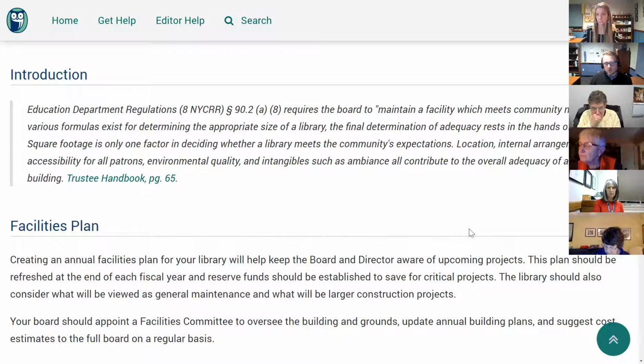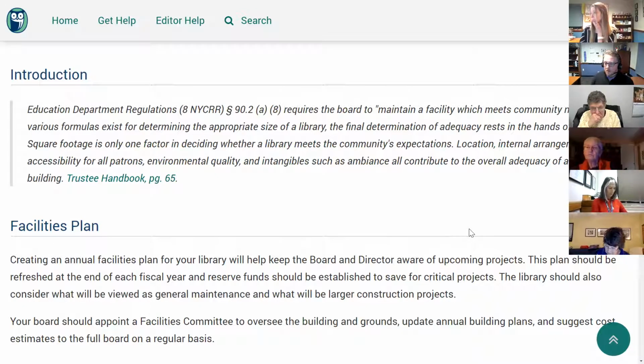But in this passage from the trustee handbook, which is on page 65, it says square footage is only one factor in deciding whether a library meets the community's expectations. Location, internal arrangement, accessibility for all patrons, environmental quality, and intangibles such as ambience all contribute to the overall adequacy of a library building. Essentially, what this is saying is that your library building needs to be comfortable, accessible, and usable by your community.